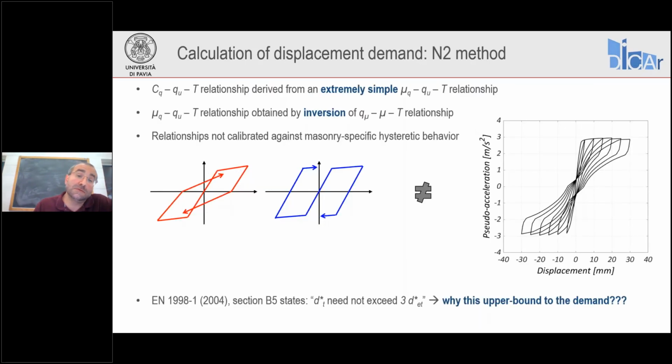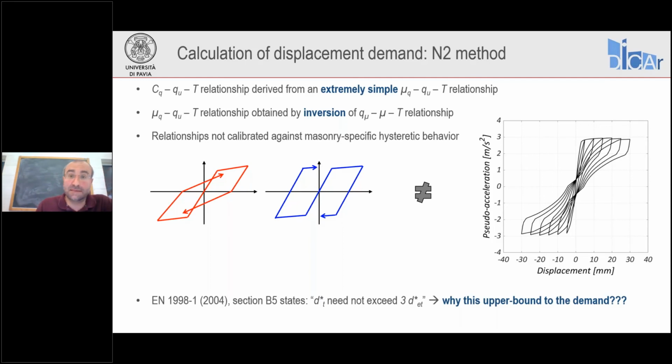Why do we have these problems? Well, there are a few reasons. First of all, the relationship between the inelastic displacement ratio, C sub q, the strength ratio Q U and the period is a very simple relationship, and it comes actually from a ductility strength ratio period relationship.